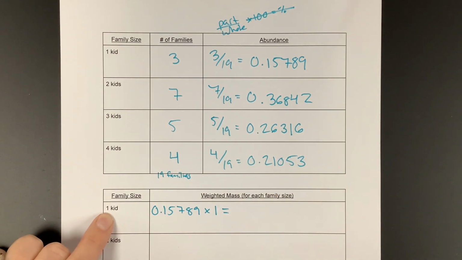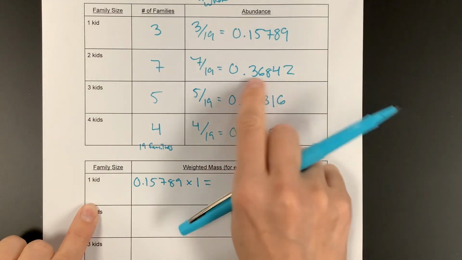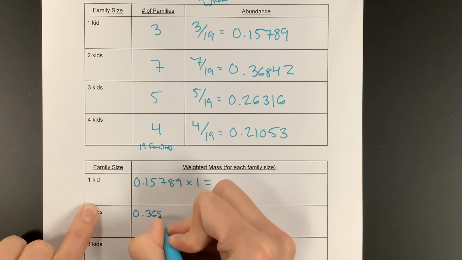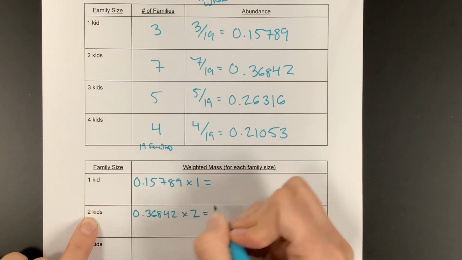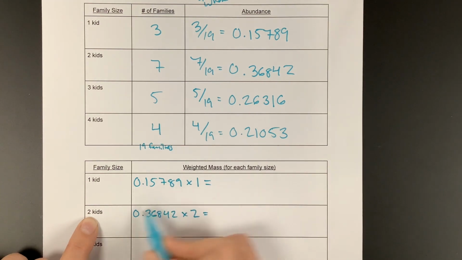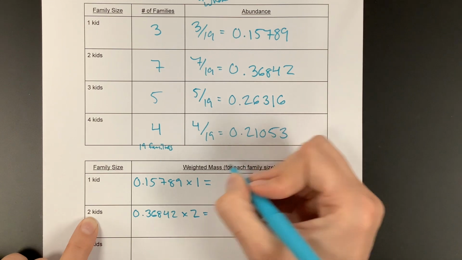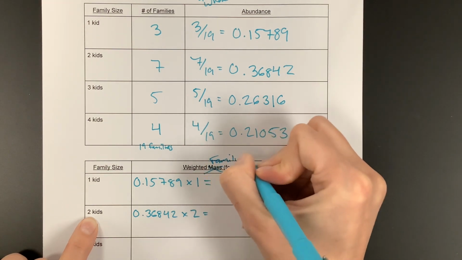Again, I'll set all this up and then I'll do the math. If 36%, or 0.36842, of our families have 2 kids, we want to consider that. So these are now weighted masses, or not mass. It's mass when we're doing isotopes, but here it's weighted family size.